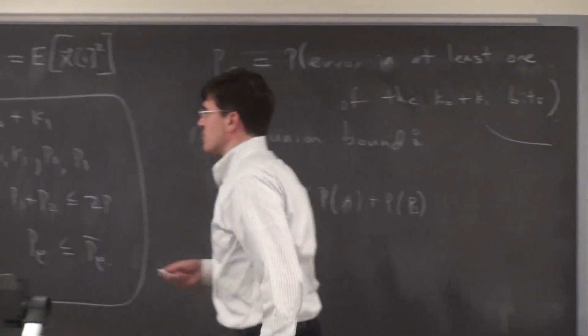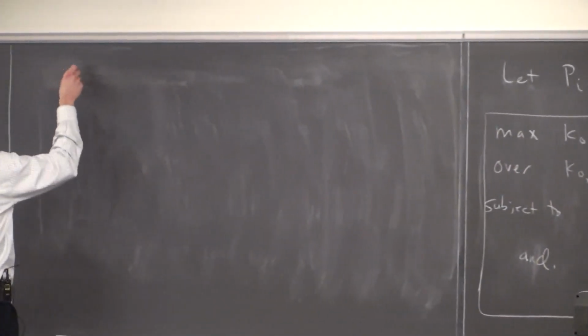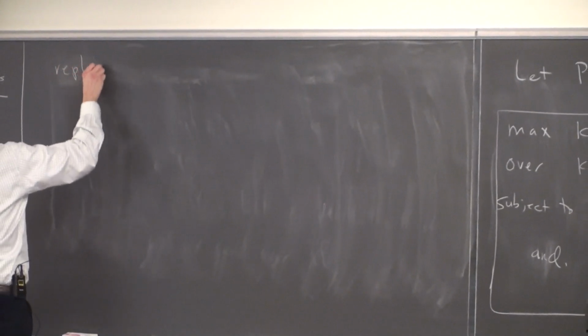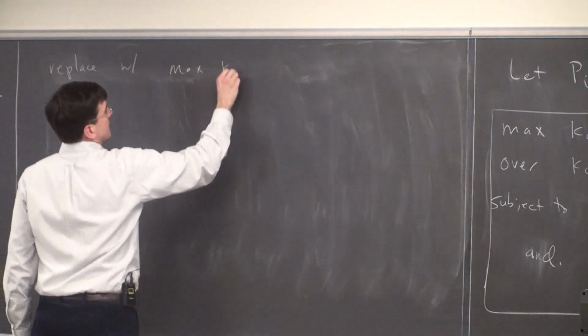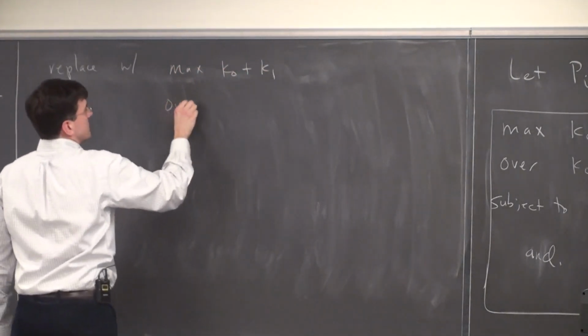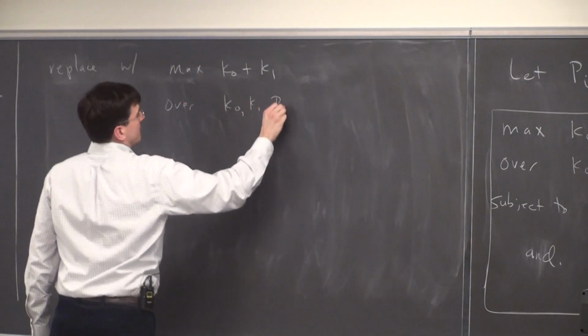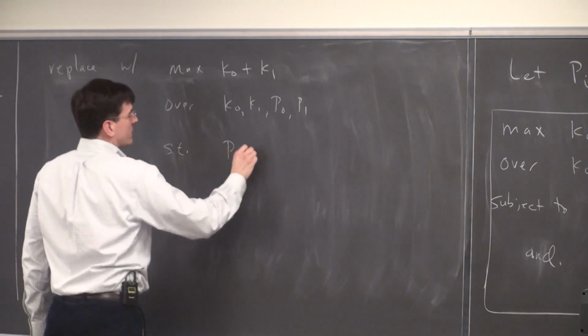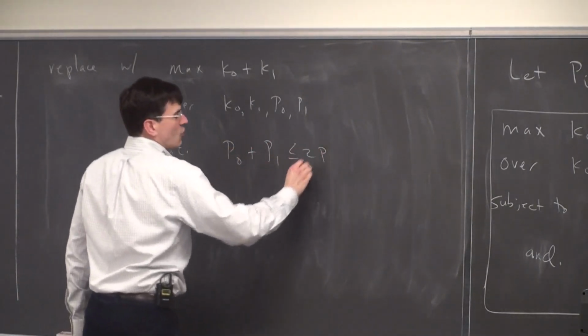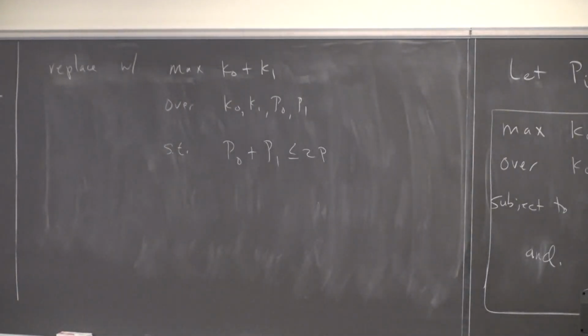So I'm going to approximate this further. Consider the similar problem wherein, rather than saying we want the sum of these two to be upper bounded by P_E bar, I say I want each of these terms individually to be no more than P_E bar over 2. It's a more stringent constraint.